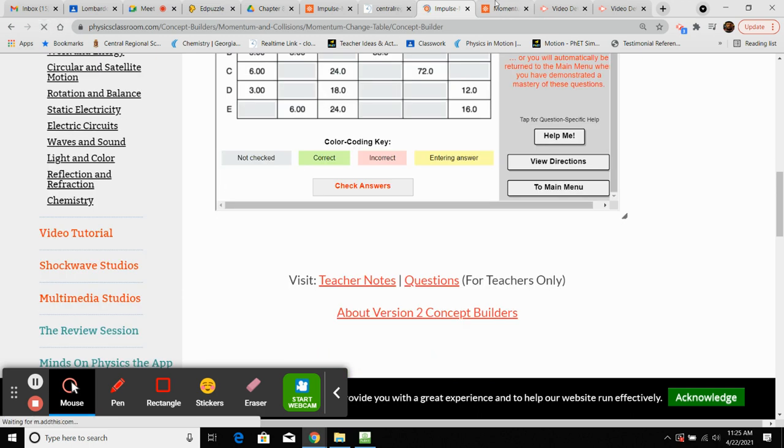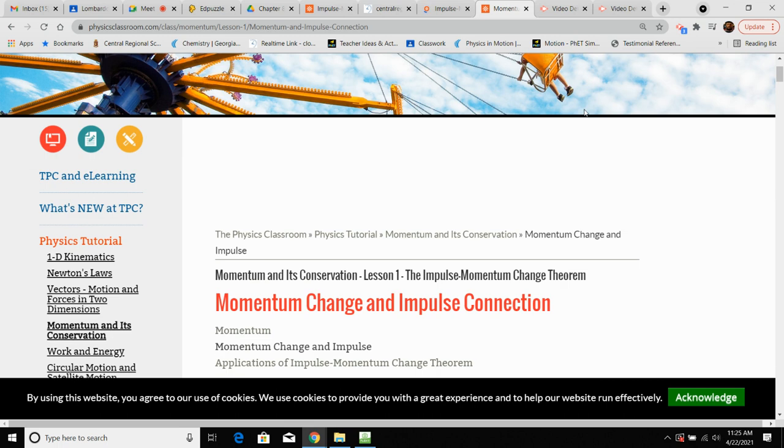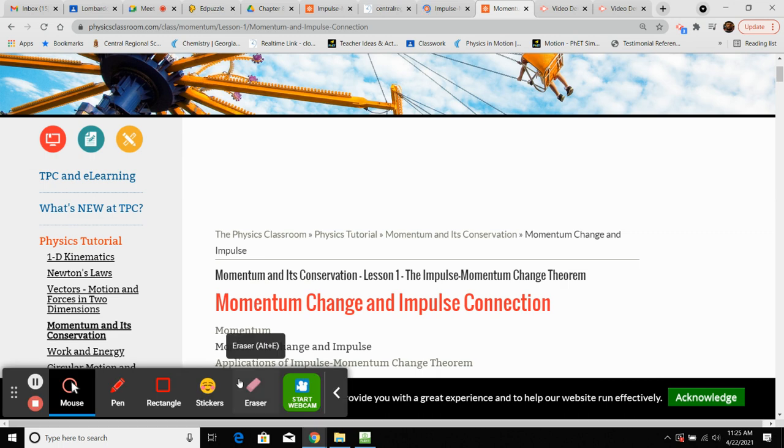Let's reload this. So, guys, in order to change an object's speed, what do you need to do? To slow it down or to increase it, how are you going to do that? How can you change the speed of something? Push it or pull, and a push or pull is what?